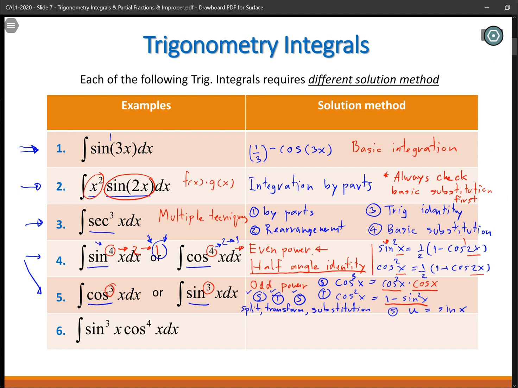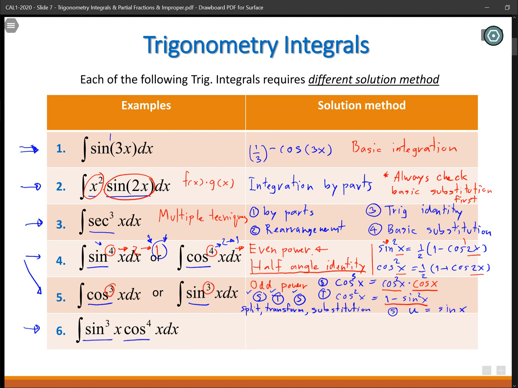Okay. Now let's move to number 6, and as you can see here, it's more complicated than the ones we have seen. It's sine and cosine. So what we looked at here is basically the combination of 4 and 5. All right. It's like we want to make our life more difficult. And by the way, this is the main focus of today's lecture.